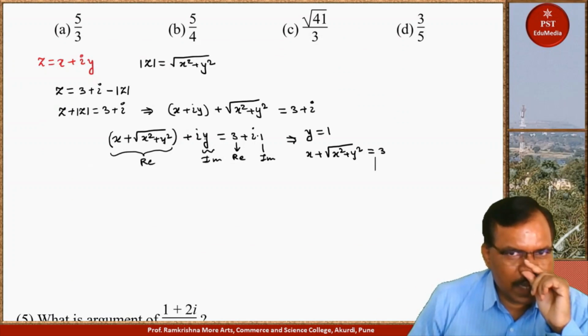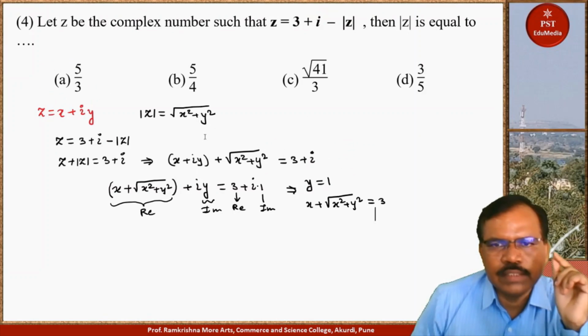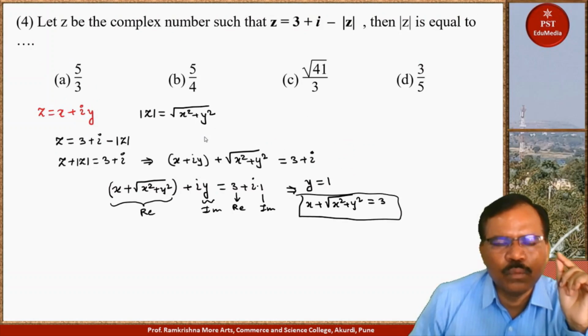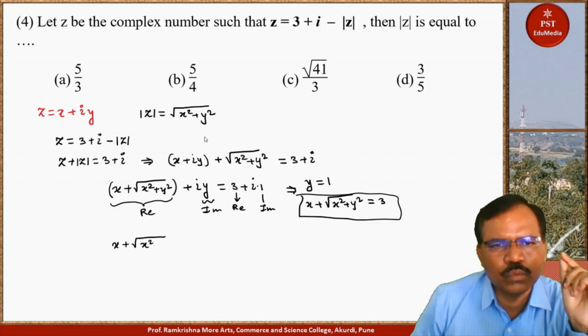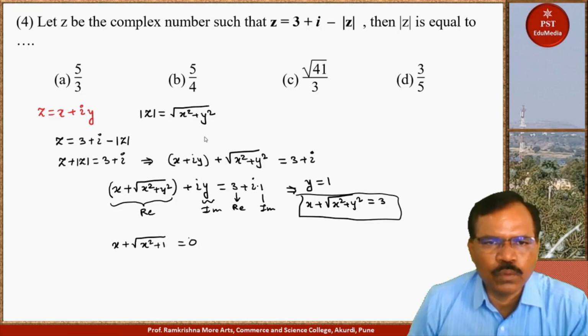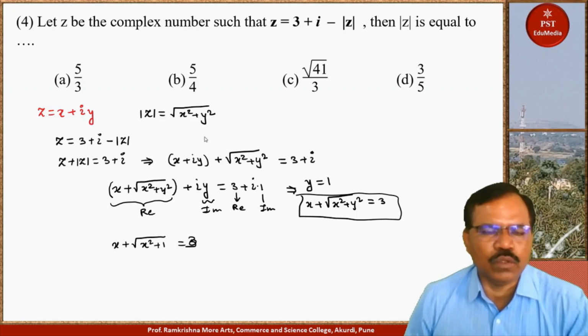Now, since y = 1, in this second equation we can write x + sqrt(x² + 1) = 3.